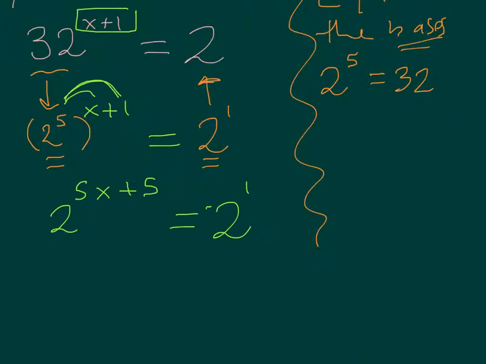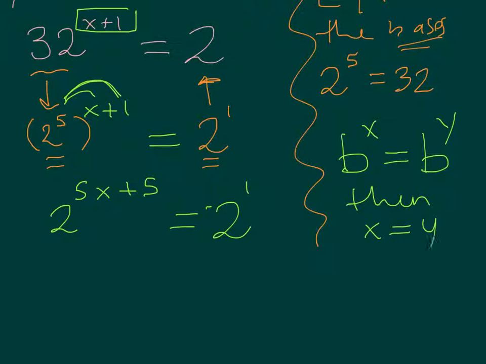Now that I have equated the bases, I am going to remember our property. If we have a base raised to some exponent is equal to the exact same base raised to a different exponent, then the only way that's true is if x equals y.